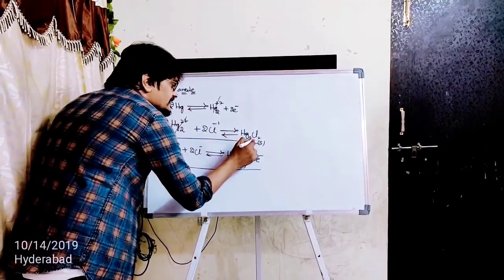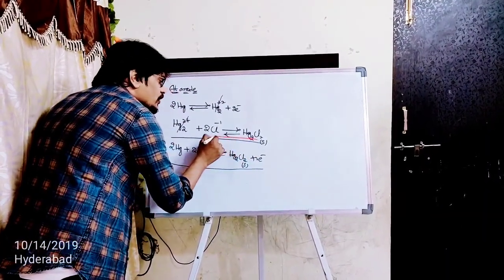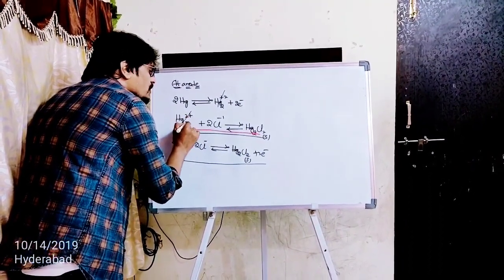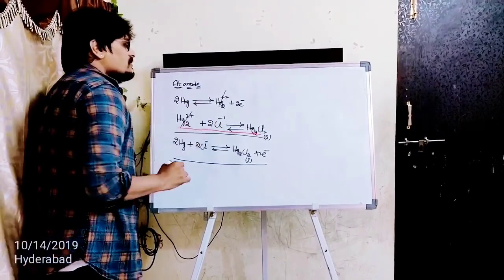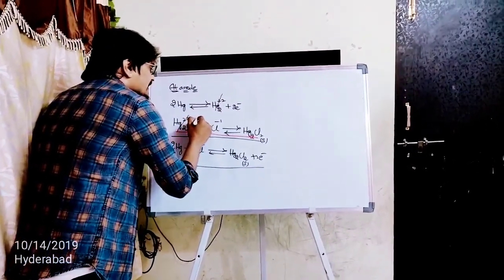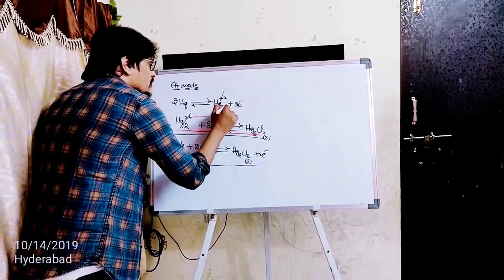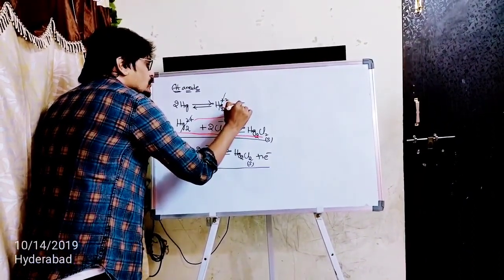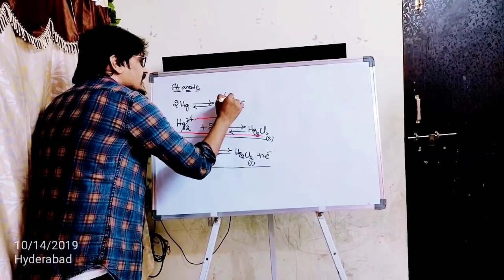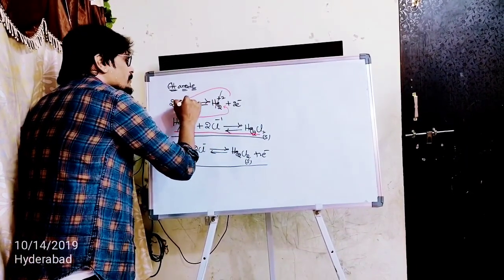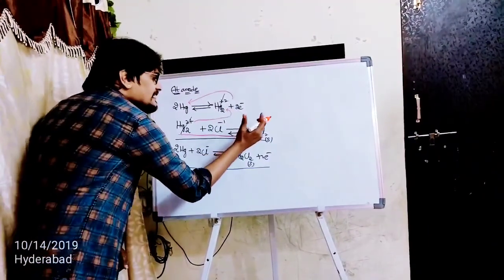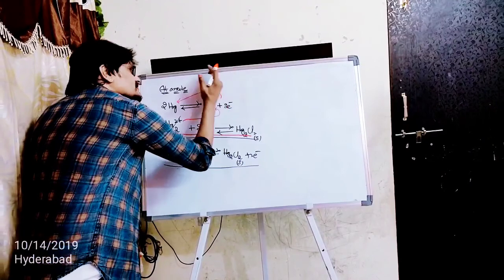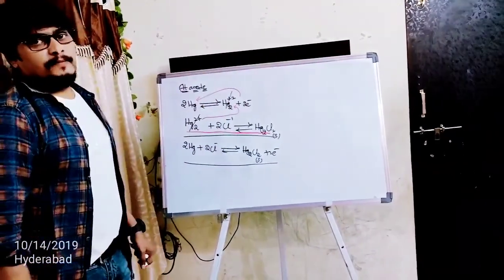That is, Hg2Cl2 initially undergoes dissociation, resulting in the formation of Hg2 2+ ions and 2 Cl minus ions. The next step is Hg2 2+ ions gain 2 electrons which have been lost by the other electrode to which it is connected and get reduced to mercury.